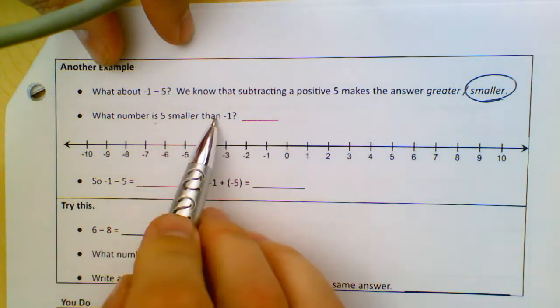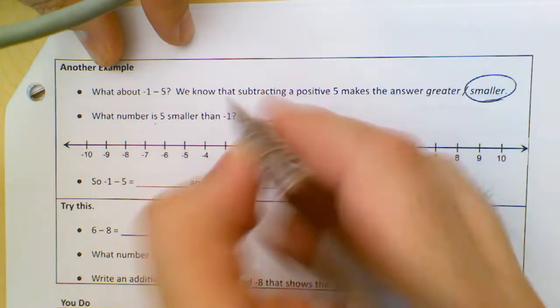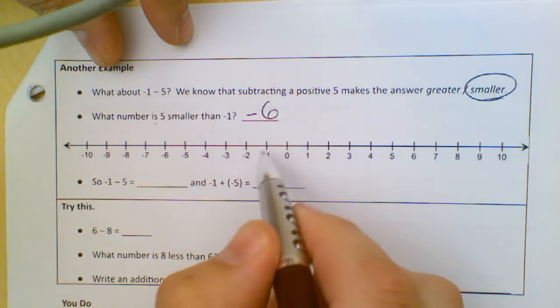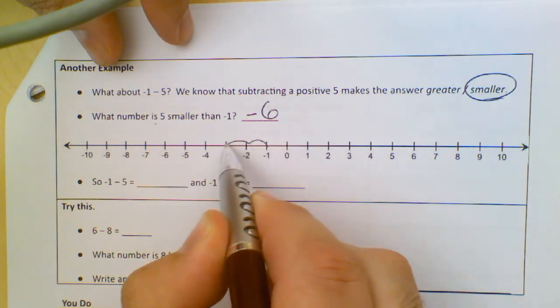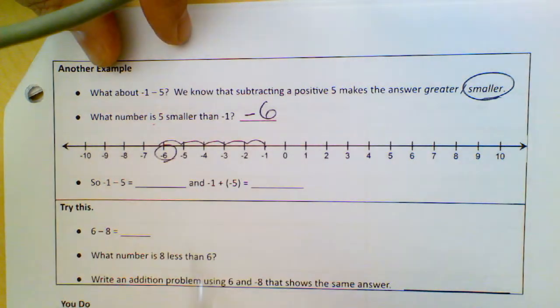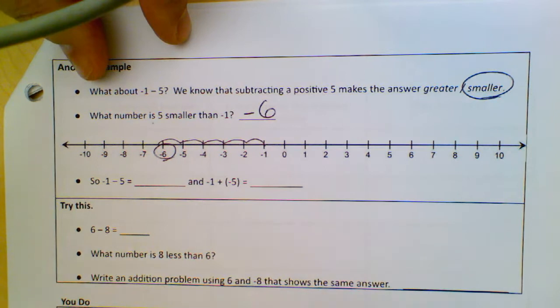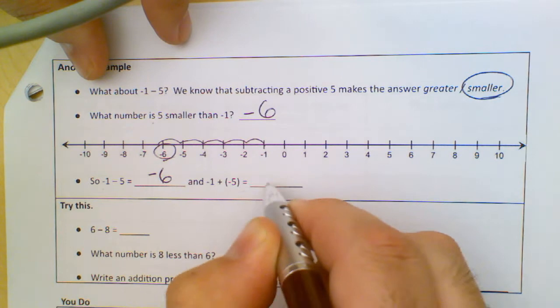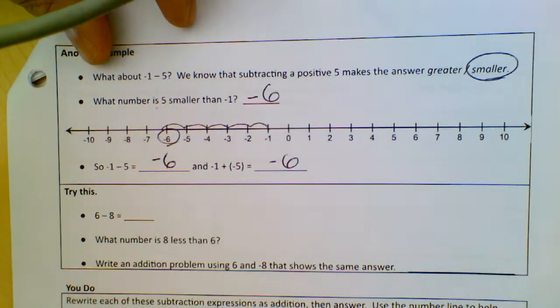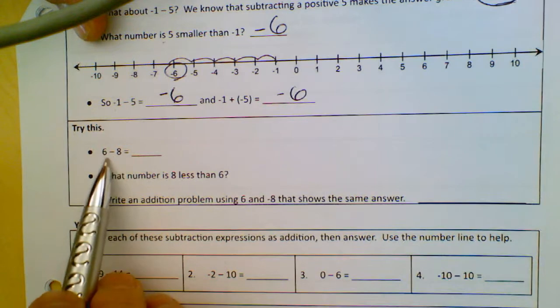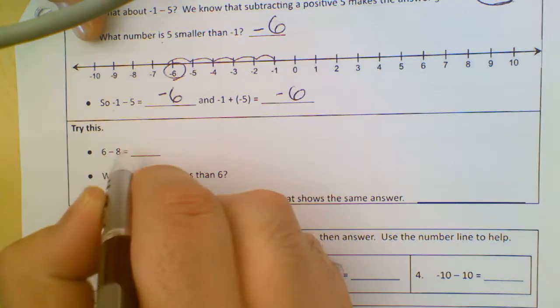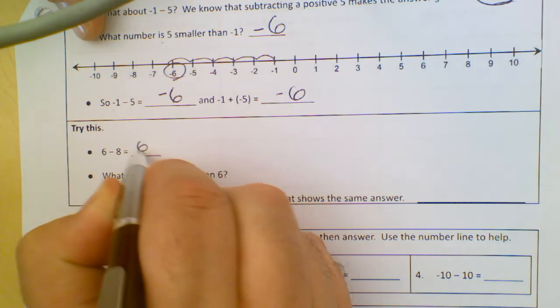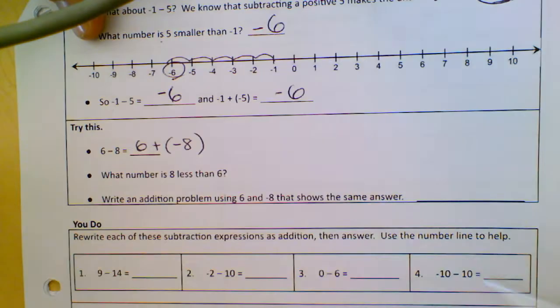And so what number is 5 smaller than -1? We're here at -1, we go 5 smaller, we end at -6. So -1 minus 5 is -6. So 6 minus 8 is the same as 6 plus -8. So what number is 8 less than 6? That would be -2.